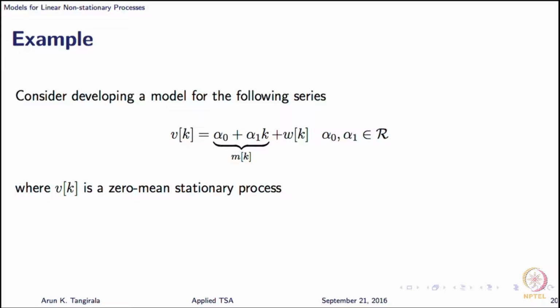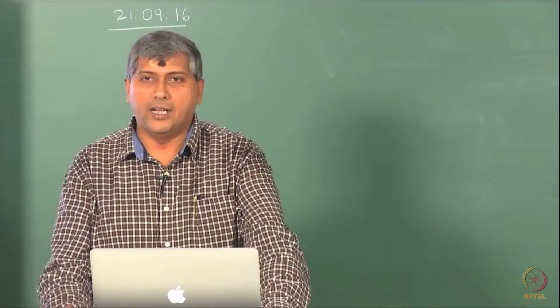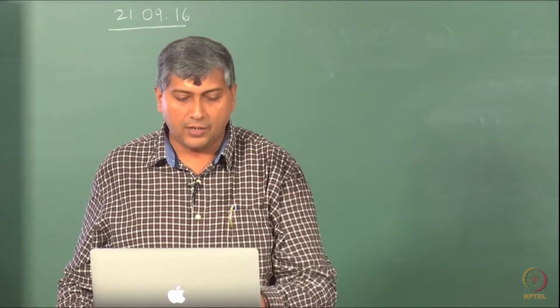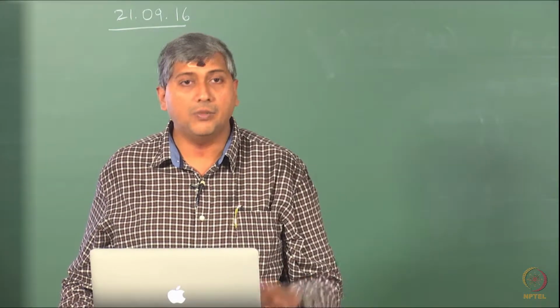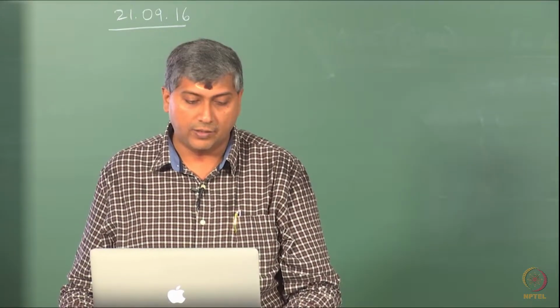In R, I have already shown you a routine called lm, which does the linear regression for you, and there is a better routine that I will talk about very soon in another package, which will make your life a bit easier in terms of fitting these trends.